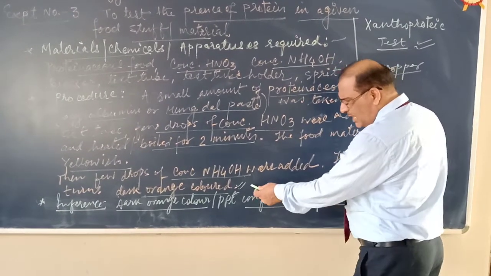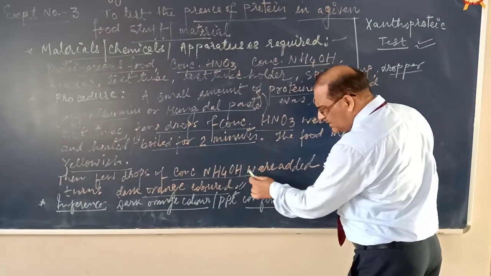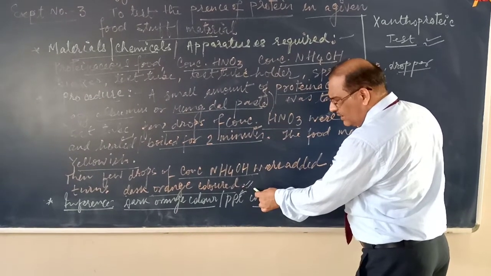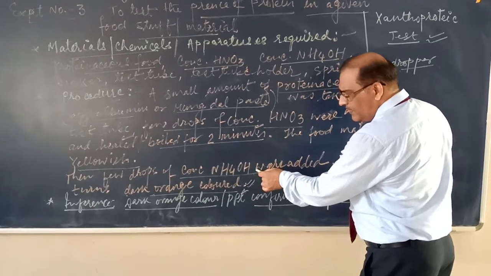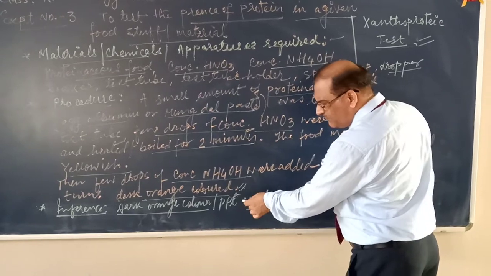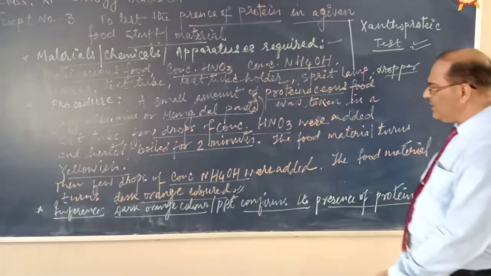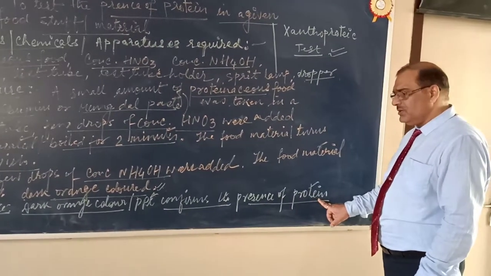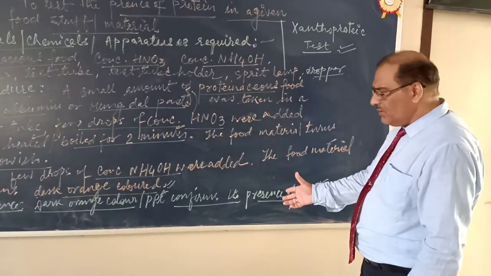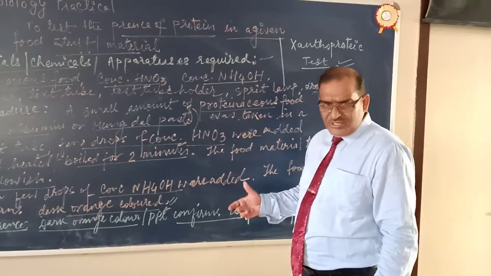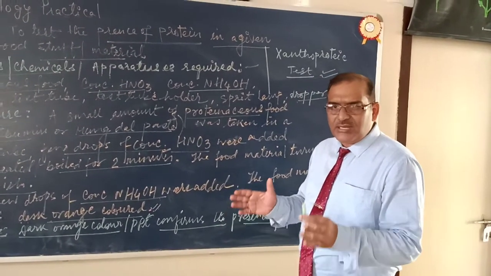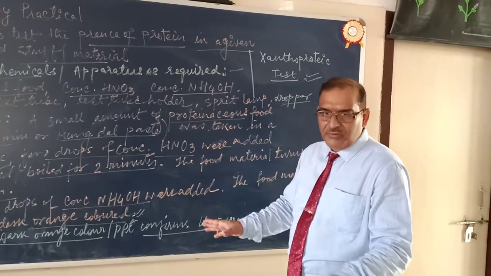So the presence of dark orange color on adding NH4OH confirms the presence of protein in the given foodstuff. Whatever the foodstuff given to you, that food contains protein, it is confirmed.